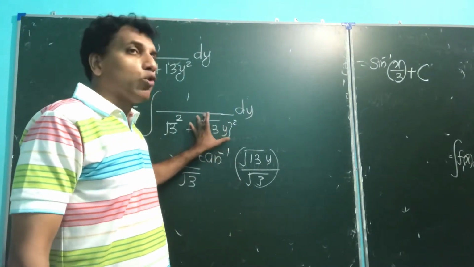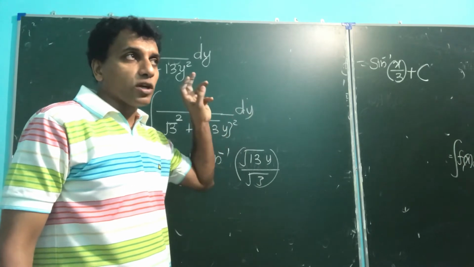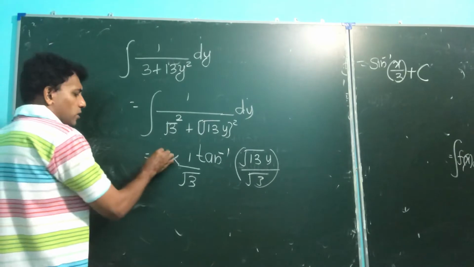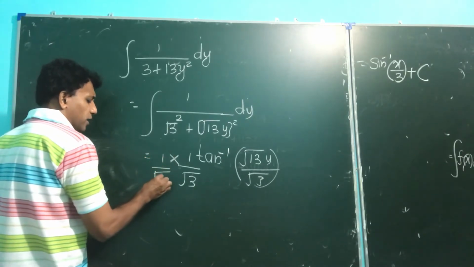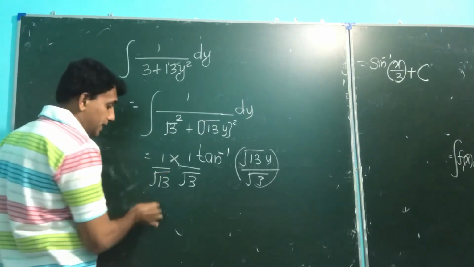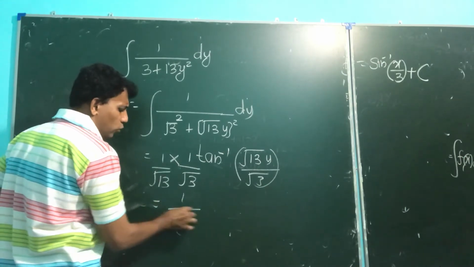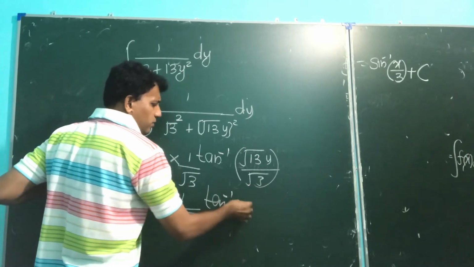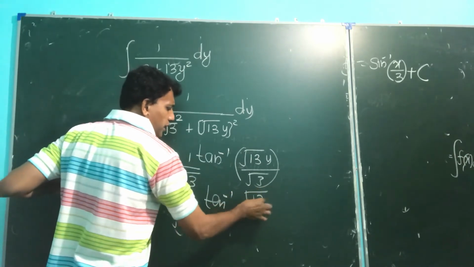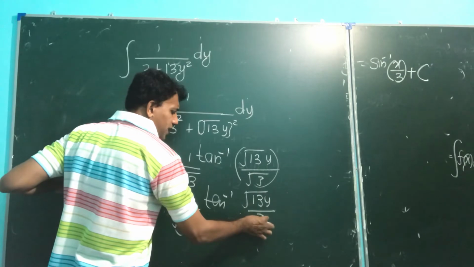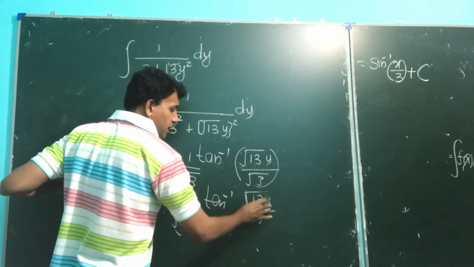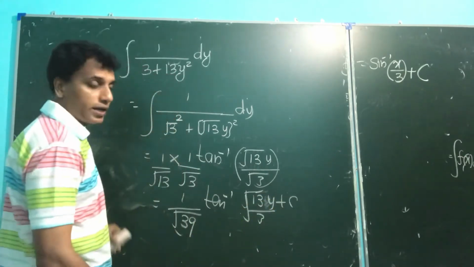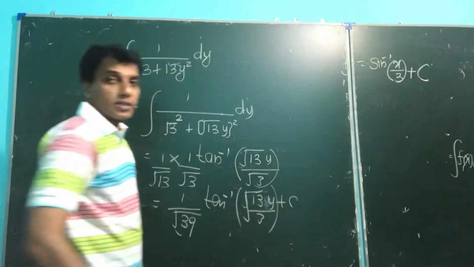You can differentiate root 13y, the derivative is root 13, so its reciprocal, 1 over root 13. Therefore the answer is 1 over square root of 39 tan inverse of square root 13y over 3, or completely you can take the root, but y is outside. And plus c, y is outside the root, plus c, that's the answer.